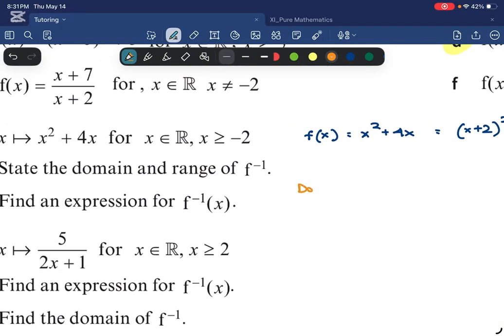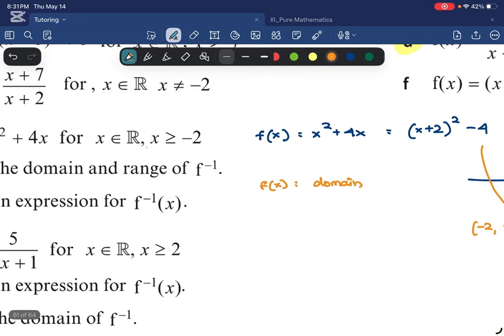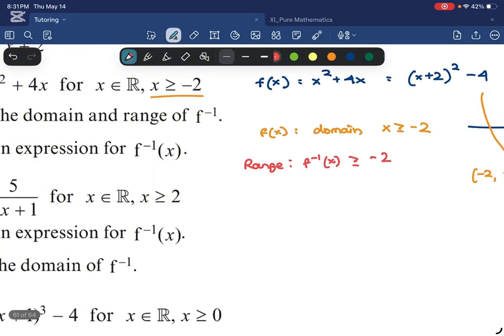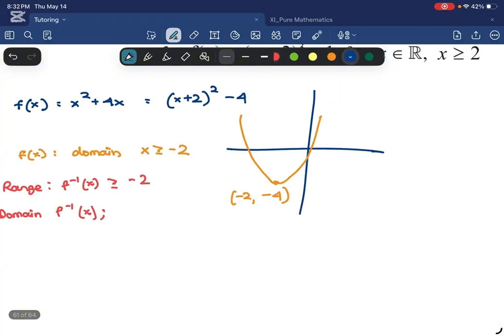So f of x has the domain x bigger than or equal to -2. So the range of f inverse of x is bigger than or equal to -2. The range of f inverse of x has to be the domain of f of x. So f inverse of x is bigger than or equal to -2. And the domain of f inverse of x is going to be the range of f of x. So what is the range of f of x?